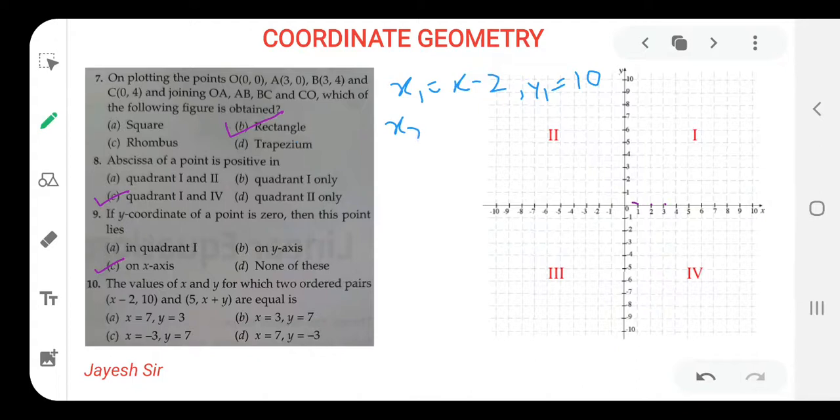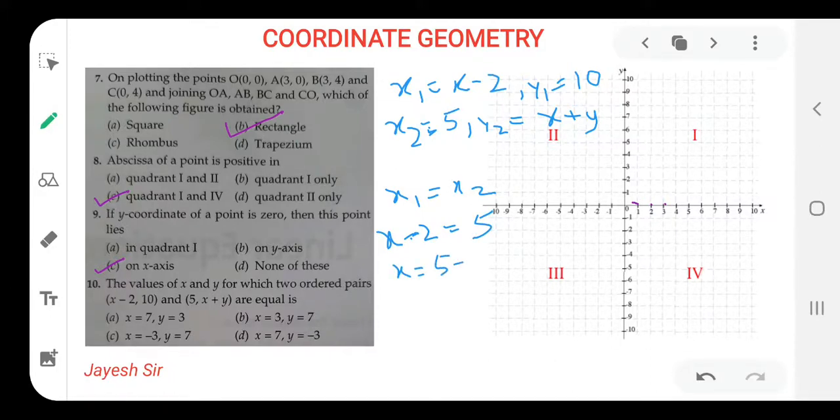Similarly, the x2 value is 5 and the y2 value is x plus y. Both the values are equal, it is said in the question. So first we will solve for x1 equals x2, that is x minus 2 equals 5. Minus 2, after going to that side, will become 5 plus 2. So the value of x we are getting is 7.